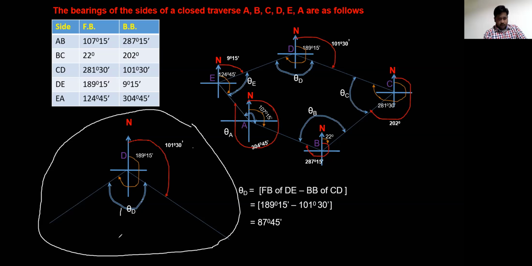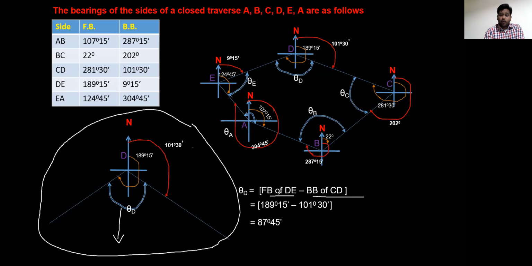How to calculate it? The D value is from north to here, and this is from here to here. So if I want this angle, that is the forebearing of DE minus the back bearing of CD. The forebearing of DE minus the back bearing of CD will give you the included angle at that particular station.